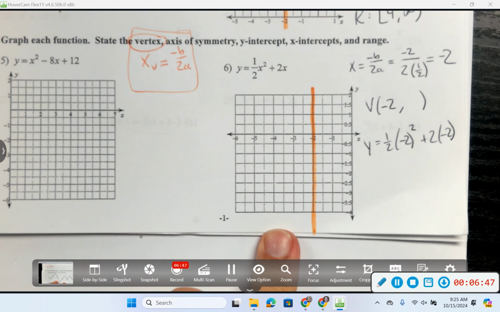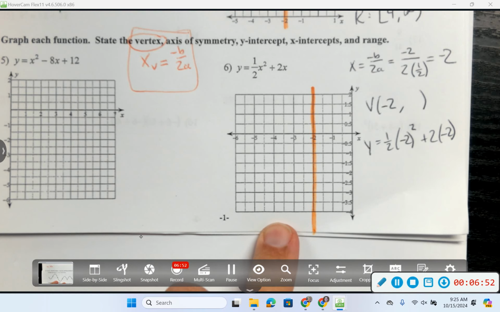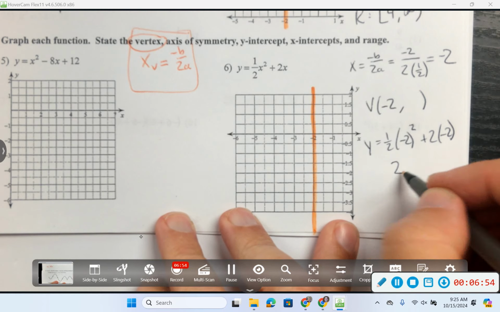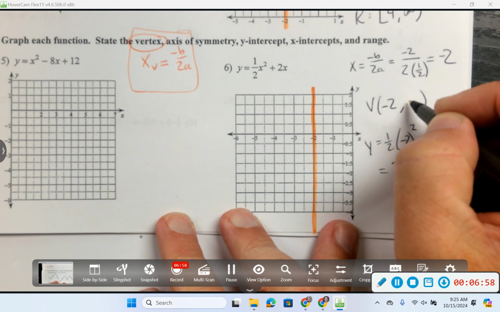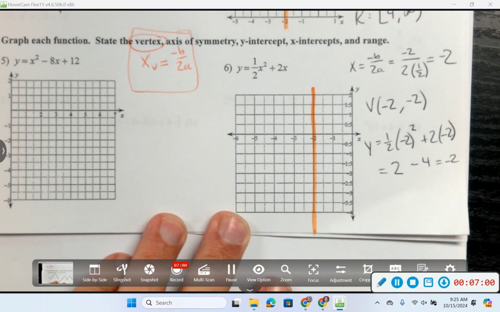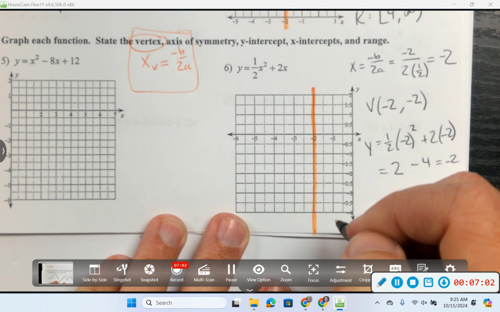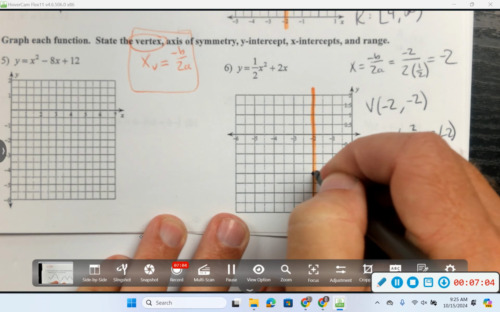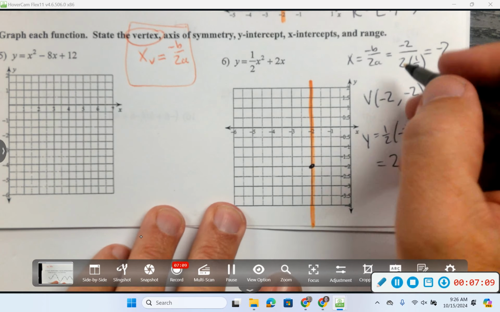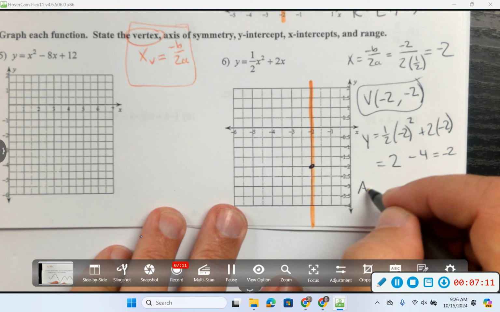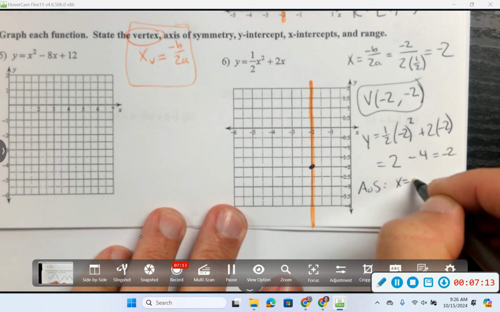What am I squaring? Negative 2. That gets me 4. Half of 4 is 2. And 2 minus 4 is negative 2. So, negative 2, negative 2. Vertex. I drew my axis of symmetry. I haven't written down what it is yet.